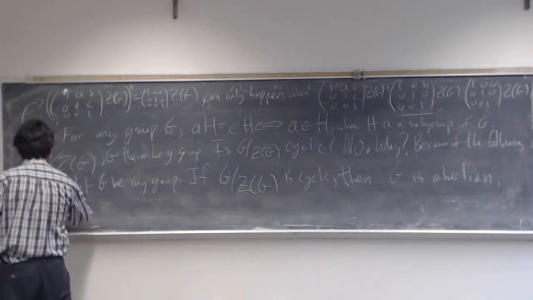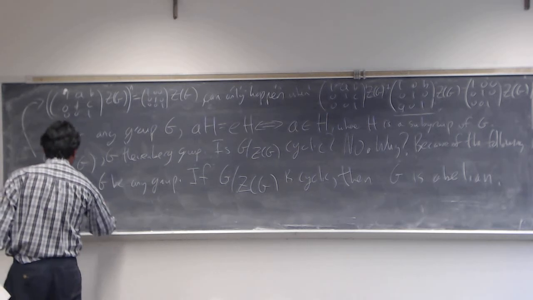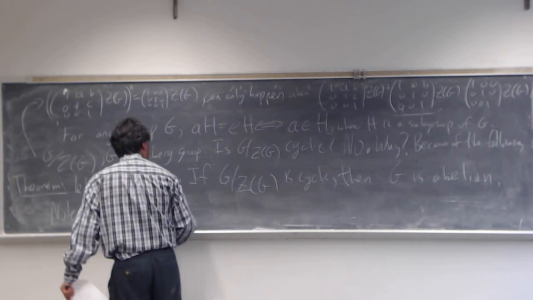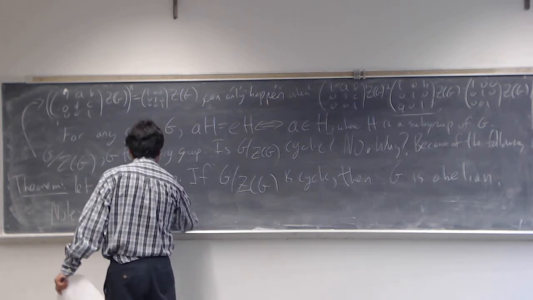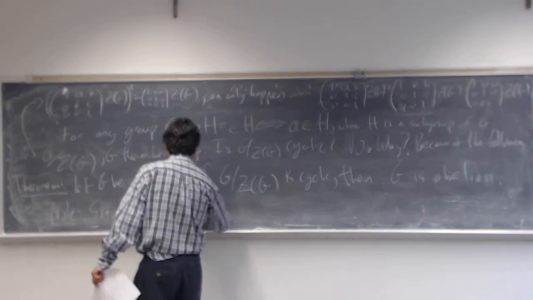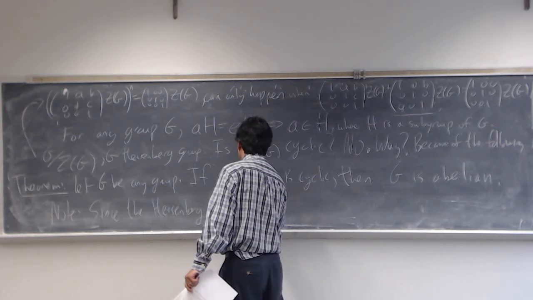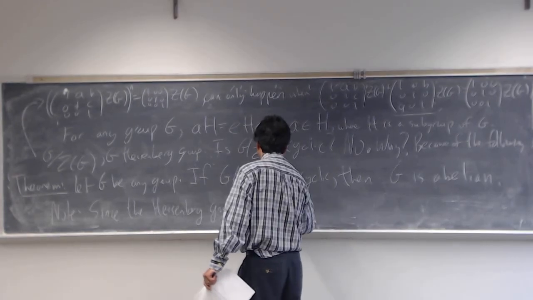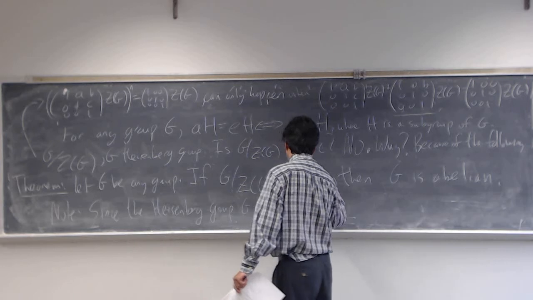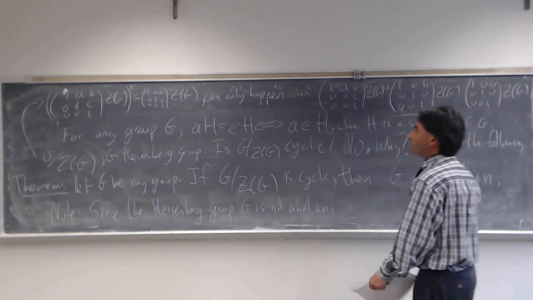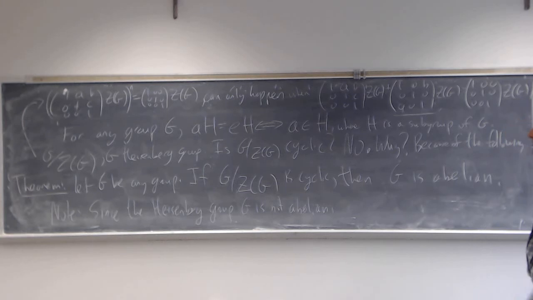Before I prove that, note since the Heisenberg group G is not abelian, it's pretty easy. I think I have some easy examples of some matrices that don't commute. I think that was even the homework. I didn't even ask you to show it's a group.